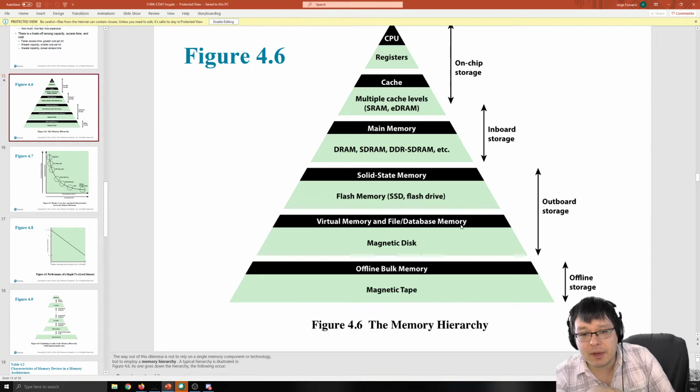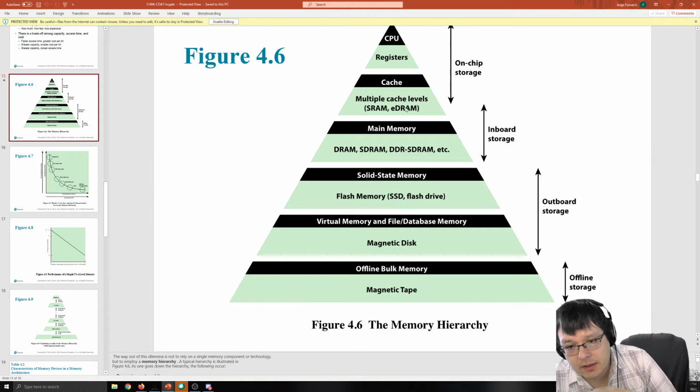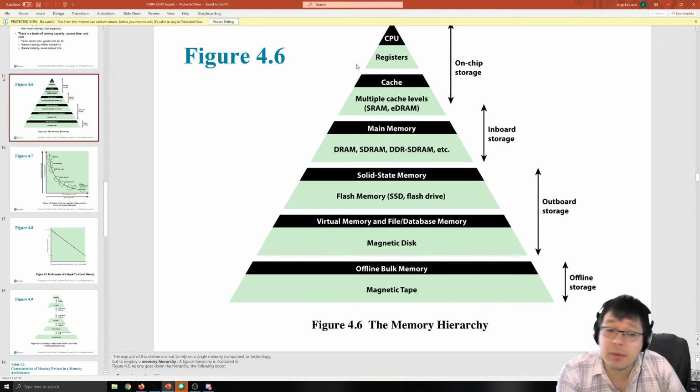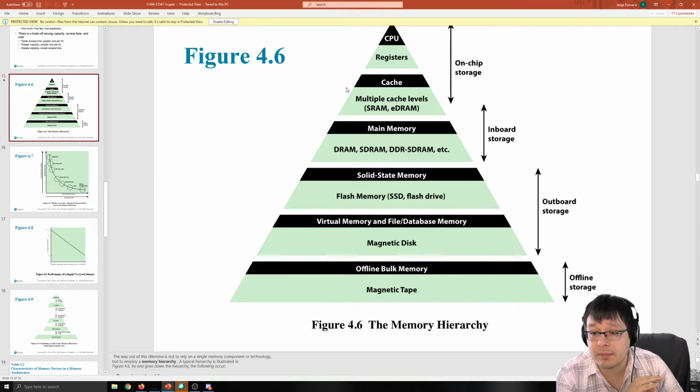But by having a little bit of everything, even though I have just a little bit of memory here and a little bit of memory here, and the majority of my memory is down here, I can still achieve almost the same speed as if I had the best kind of memory. And I would say I can achieve that 75% of the time. And this has been backed up by research, okay?